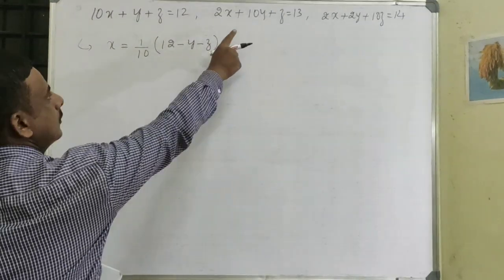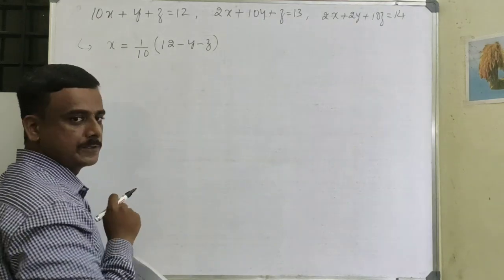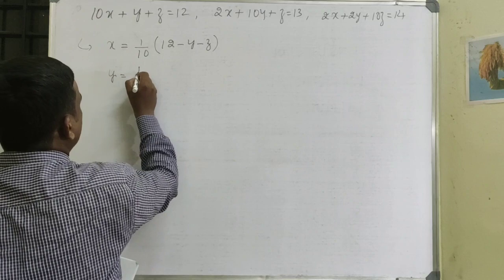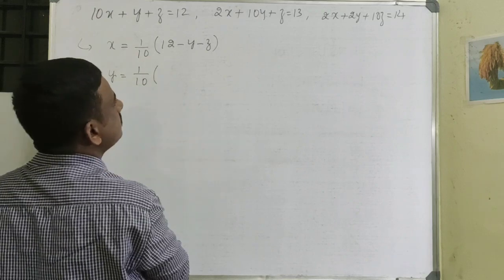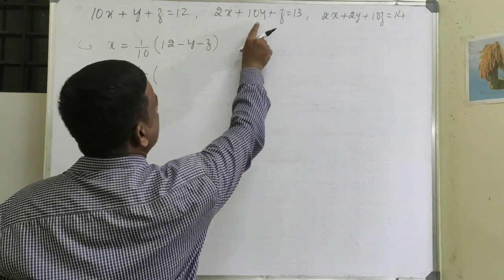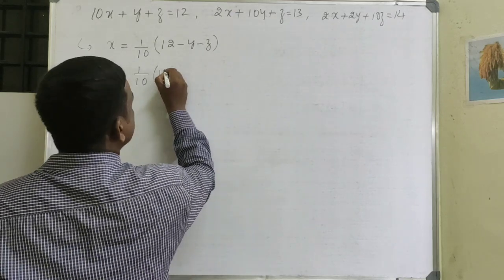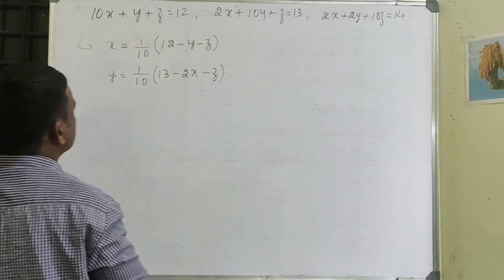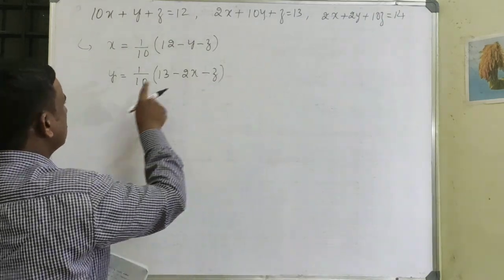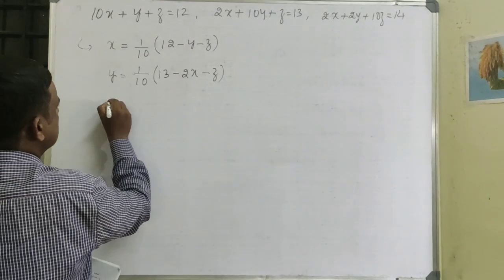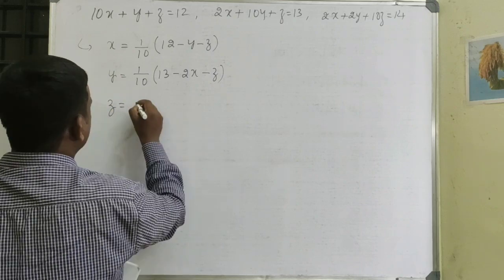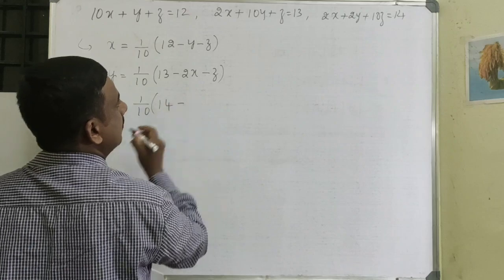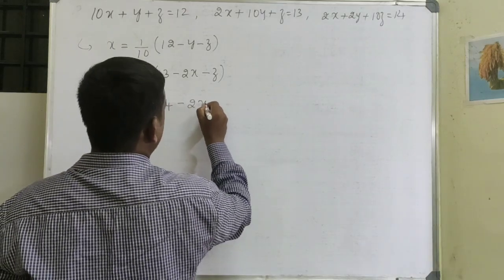From the second equation write an expression for y: y equal to 1 by 10 times (13 minus 2x minus z). Then from the last equation write an expression for z: z equal to 1 by 10 times (14 minus 2x minus 2y).